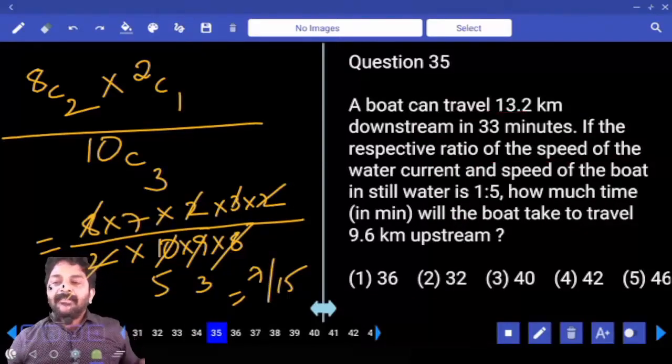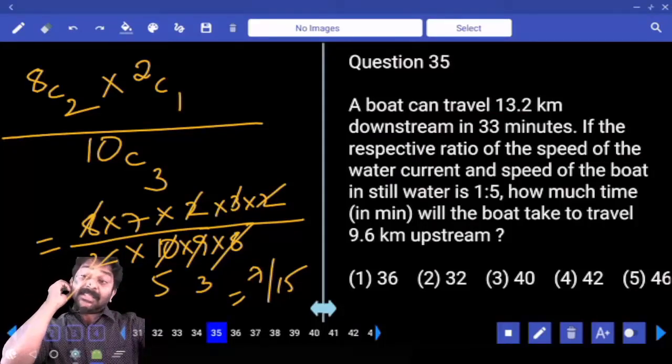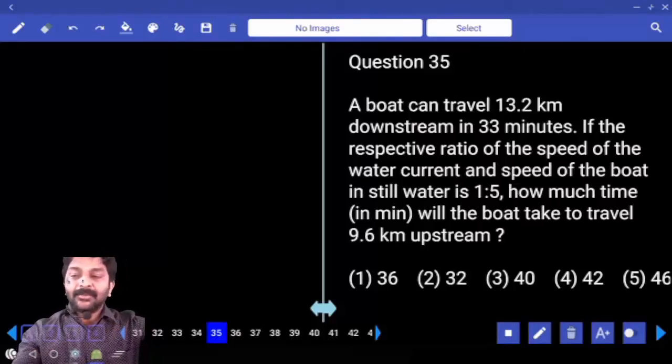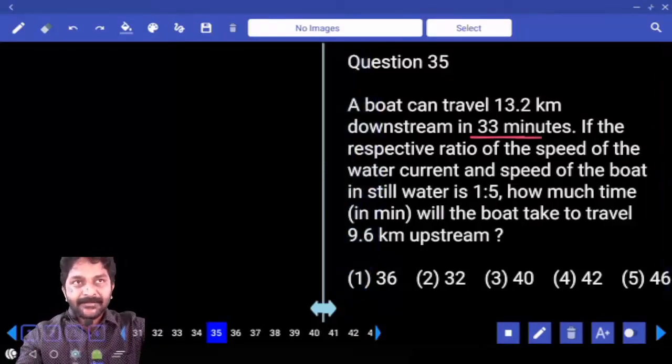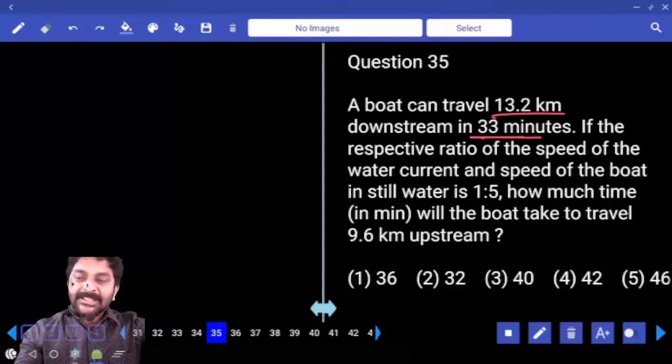A boat can travel 13.2 kilometers downstream in 33 minutes. So we'll convert it to 60 minutes only. Kilometer per hour means per 1 hour, that is 60 minutes. Here how many minutes are there? How many kilometers are there? 13.2. We need to identify the relation between these two numbers. 33, double.